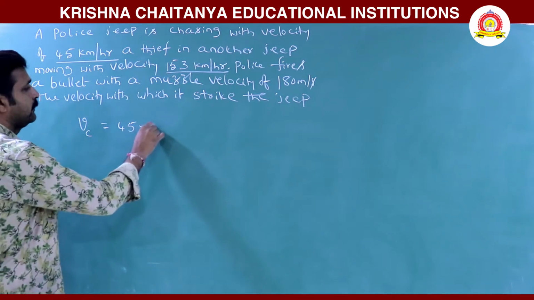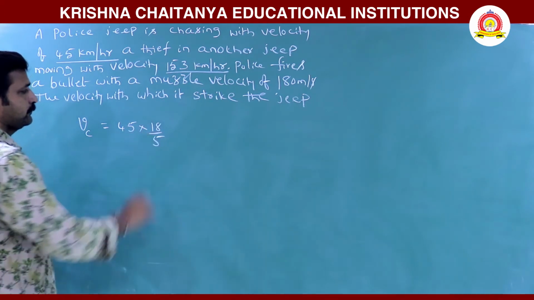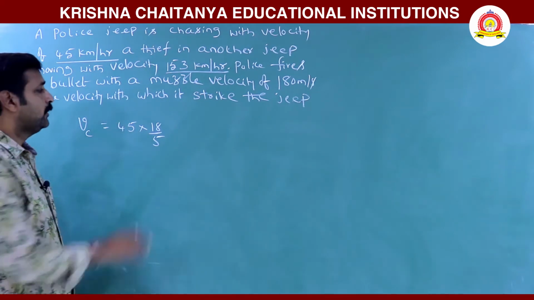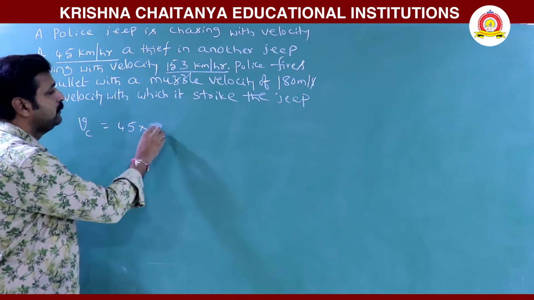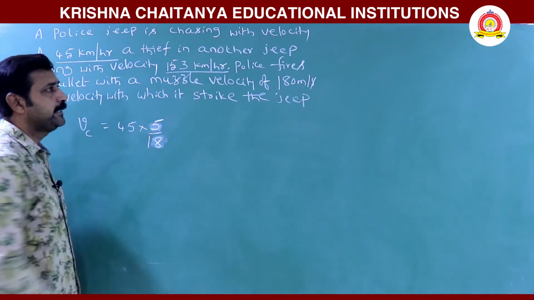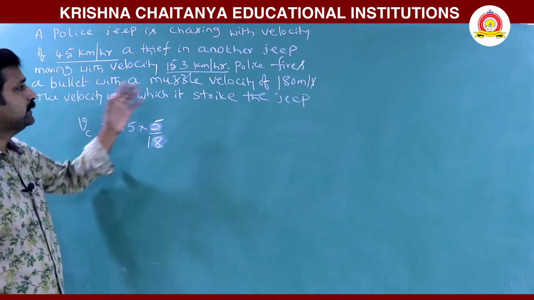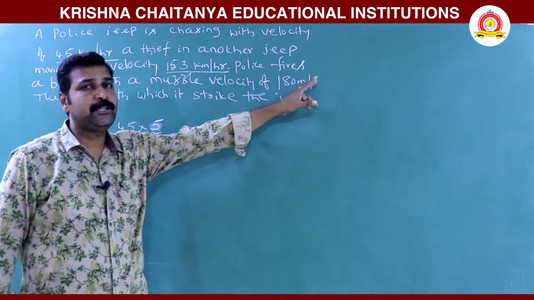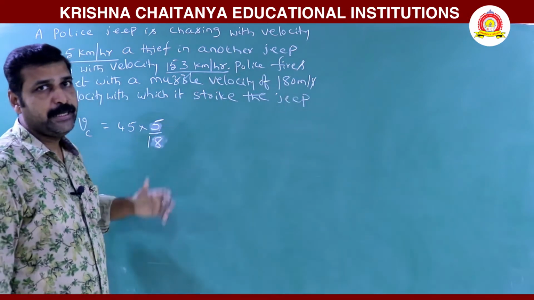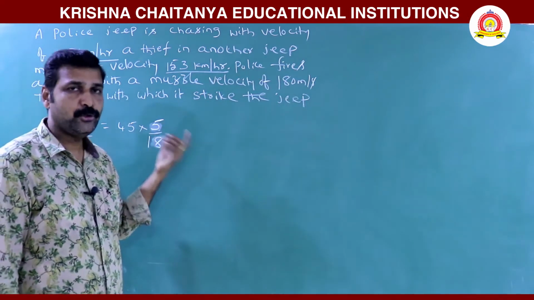Can we write it in meter per second? If this is kilometer per hour, what we have to do is convert it into meter per second by multiplying by 5/18. We can also convert meter per second into kilometer per hour. Why? Because we can use any one unit.